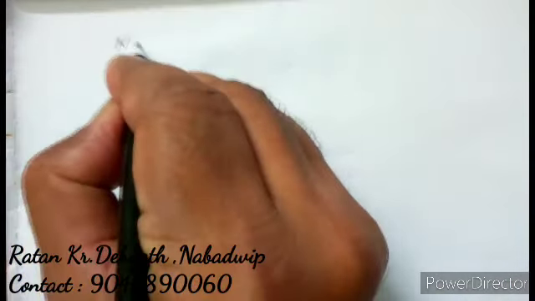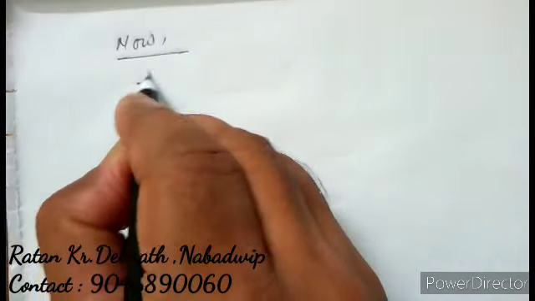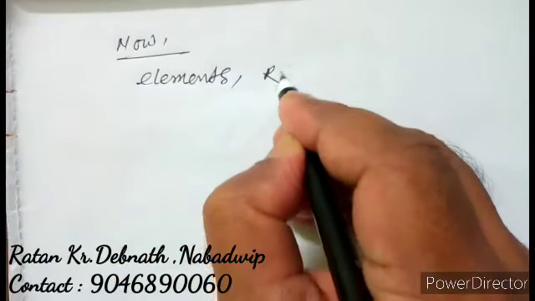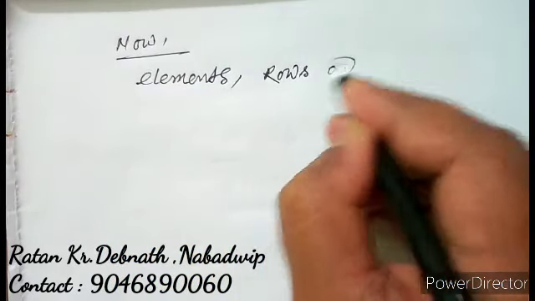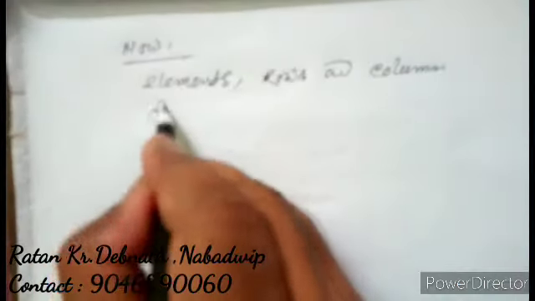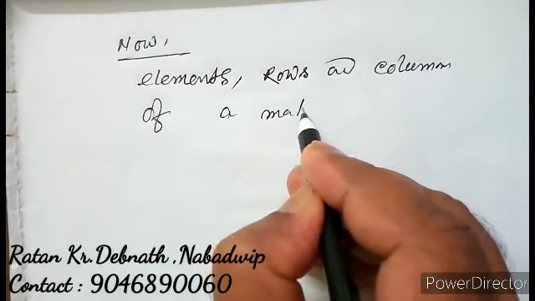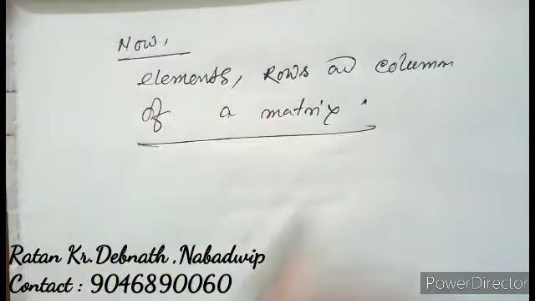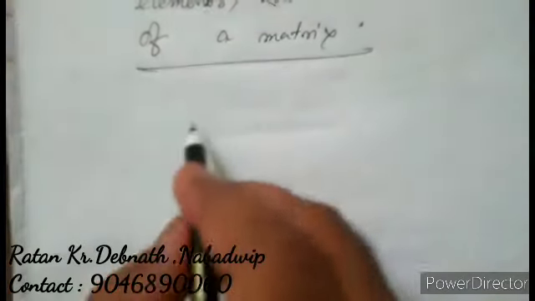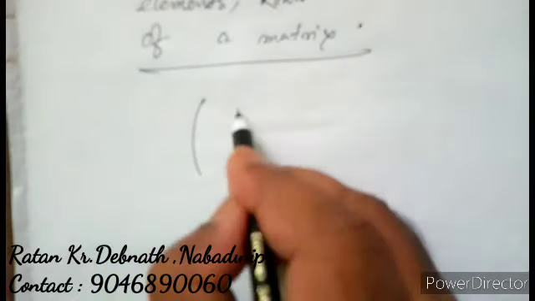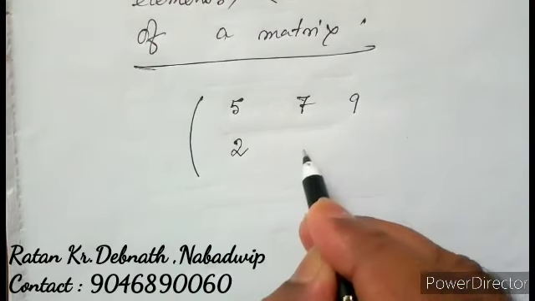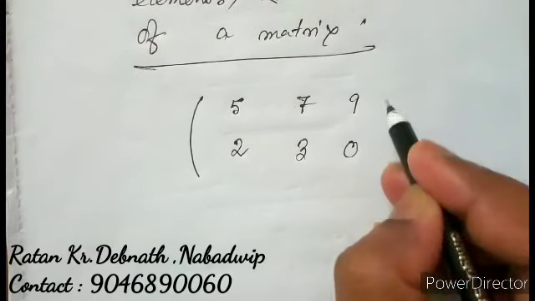Now, elements, rows and columns of a matrix. Let us take another matrix like 5, 7, 9, 2, 3, 0.